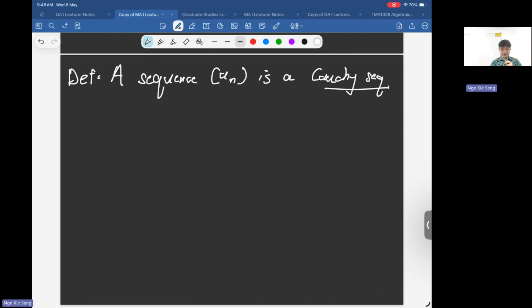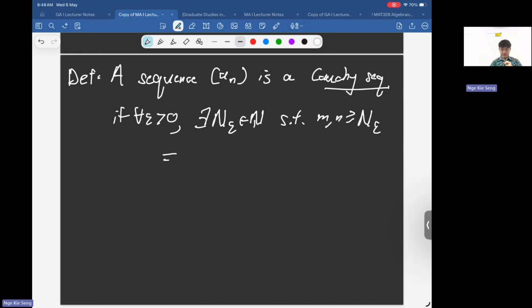Okay. Cauchy sequence: if for every epsilon greater than 0, there exists an N such that for m, n greater than N, this implies that the absolute value between a_m and a_n is less than epsilon. So what's the difference between this and what we had just now?